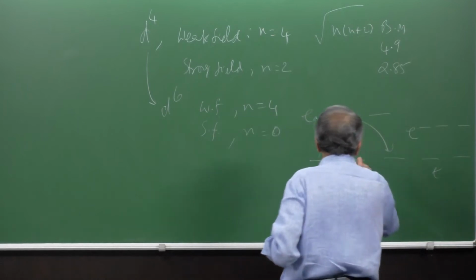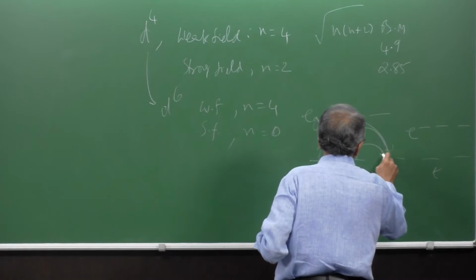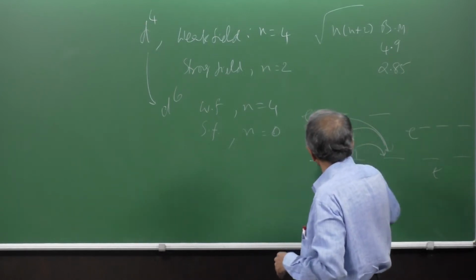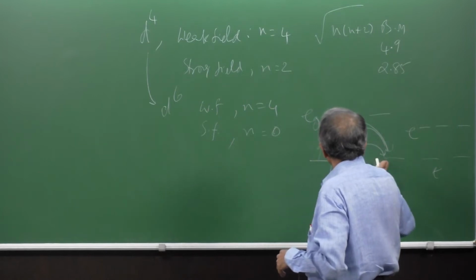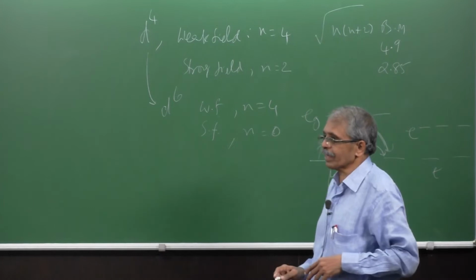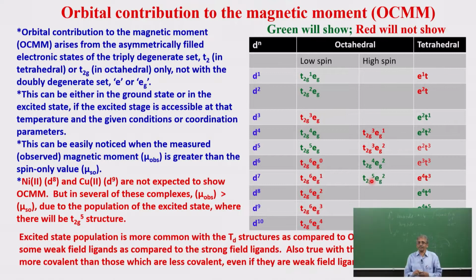If you have 2 electrons, it can also move here, this can move here, and if you have 3 electrons, no. Then if you have 4 electrons, no, but if one of them is paired, then yes, you can have. So unsymmetrically filled t2g or t2 in case of tetrahedral can give rise to this orbital contribution.